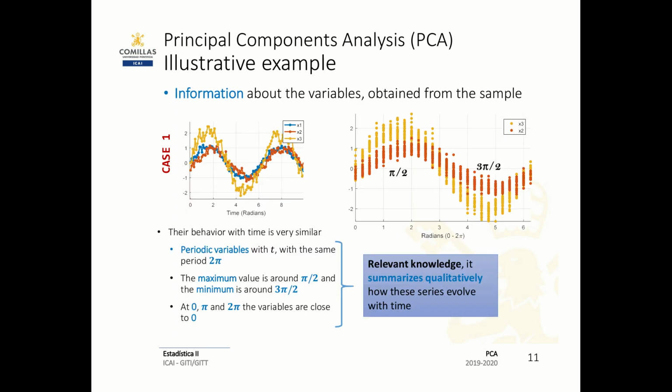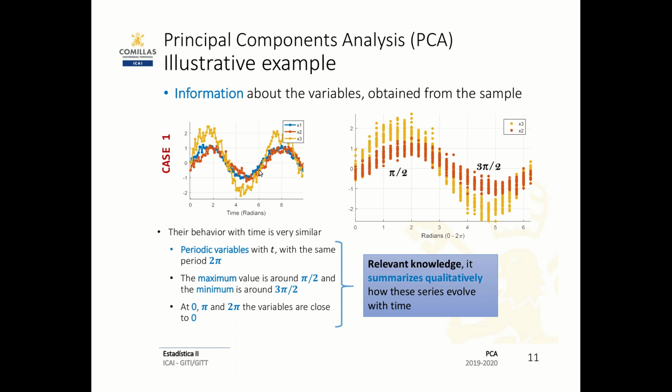So let's look for some summary of this information. The three signals have kind of the same information. They have maxima, minima, they are all periodic with period 2 pi, and the maximum is around pi half, the minimum is around 3 pi half, and at 0, pi and 2 pi they are almost 0.